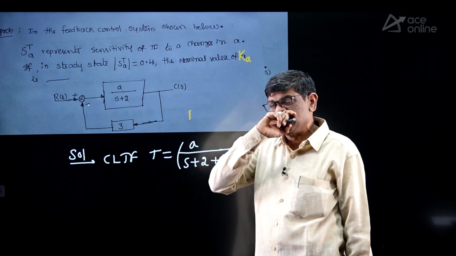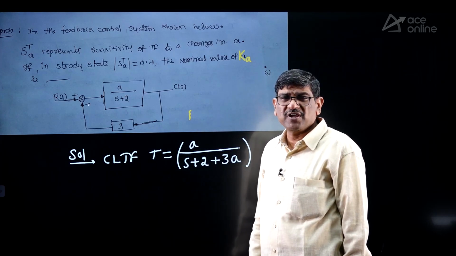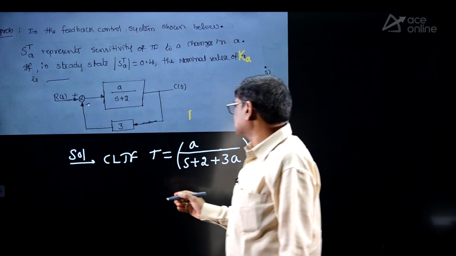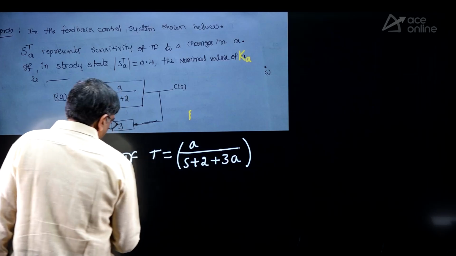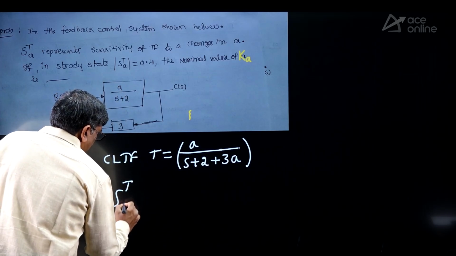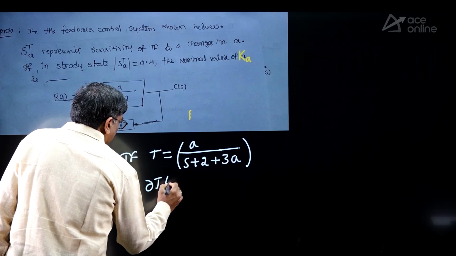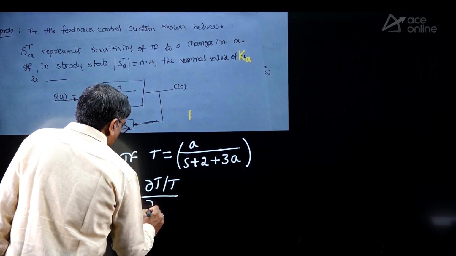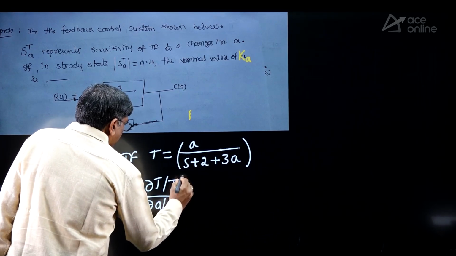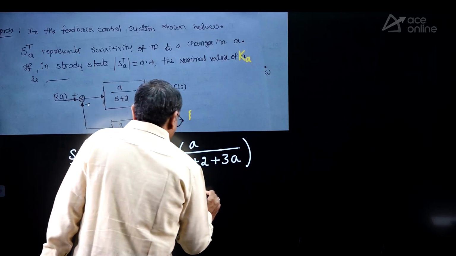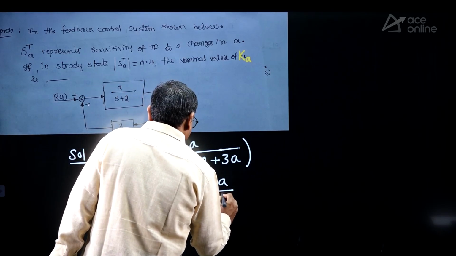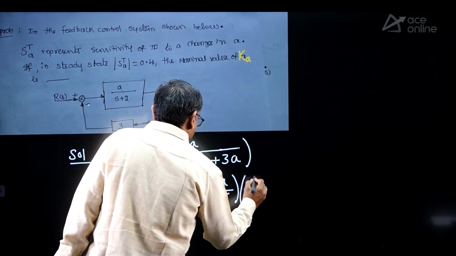In steady state means DC, frequency 0. So first find S_A^T, equal to ∂T/T divided by ∂A/A. Come on, find it. A by T into ∂T/∂A.